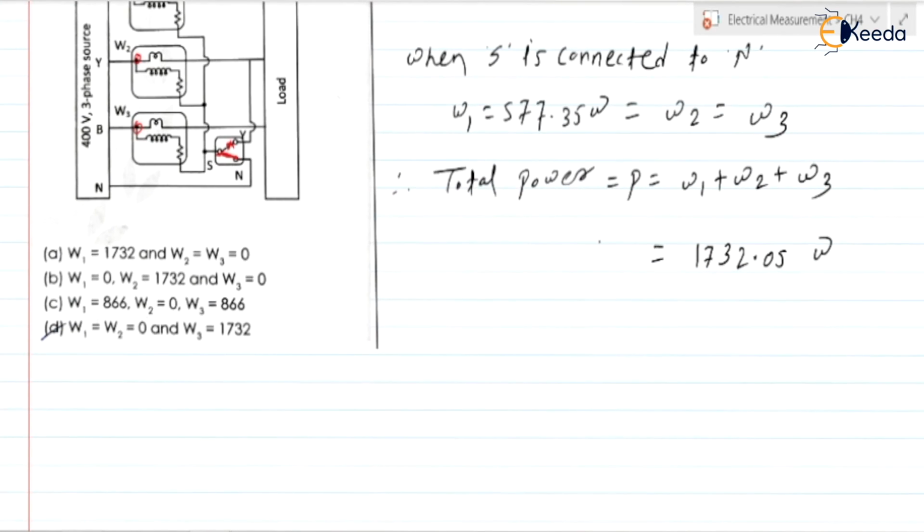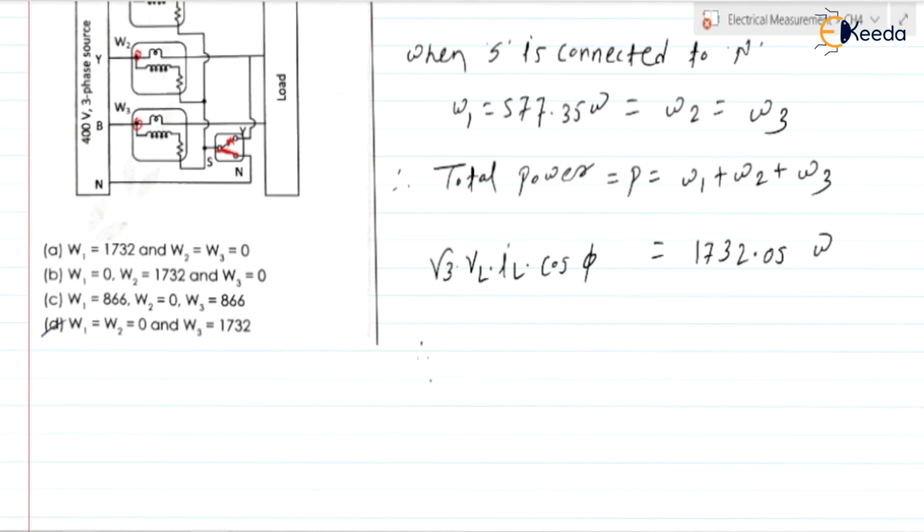But what is the total power? We know total power is equal to root 3 VL IL into cos phi. So root 3 into VL into IL into cos phi is equal to this much. Therefore cos phi is equal to 1732.05 divided by root 3 into VL into IL.